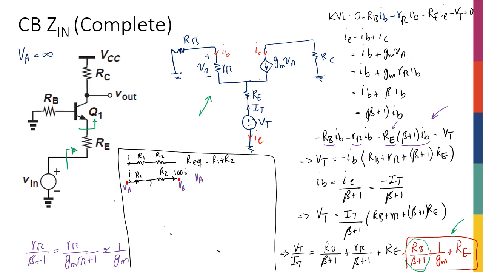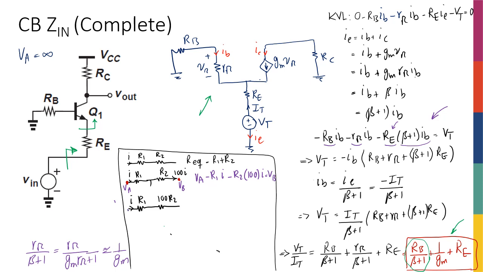So VA minus R1I minus R2 times 100I is equal to VB. Okay, this is equivalent to the same KVL if I had two resistors, one of them R1 and the other one 100 R2, and both of them had the same I, right?